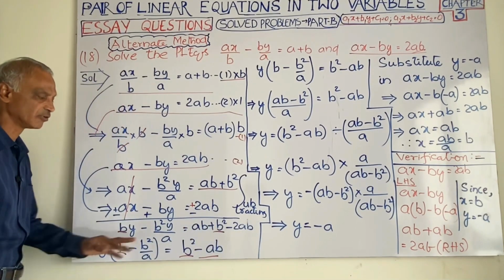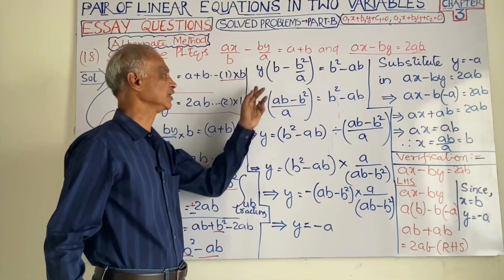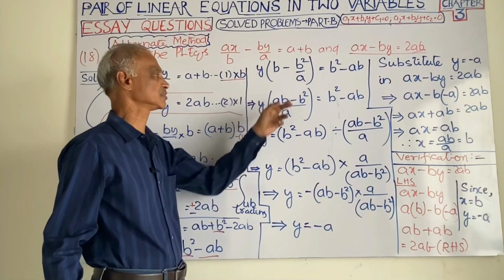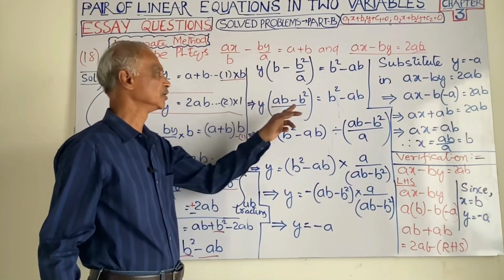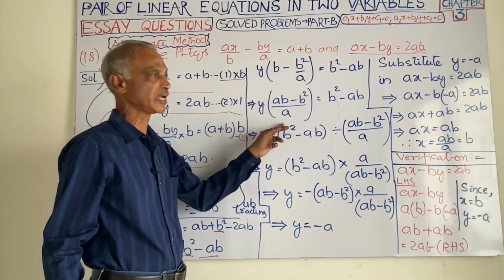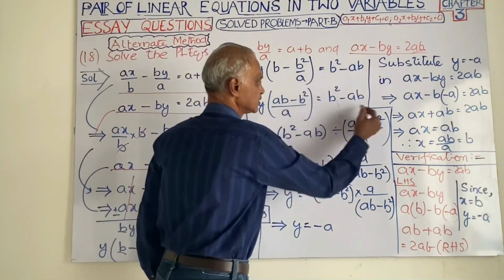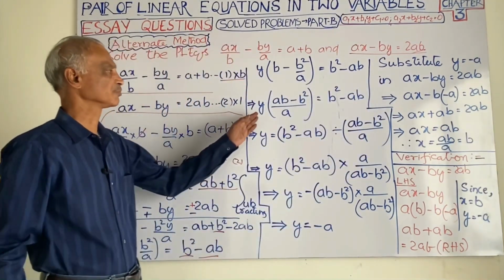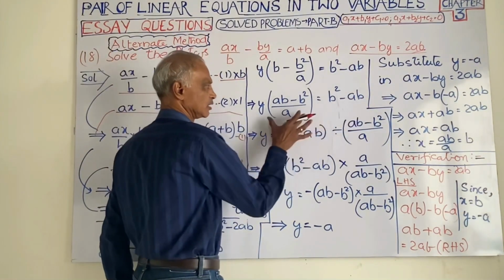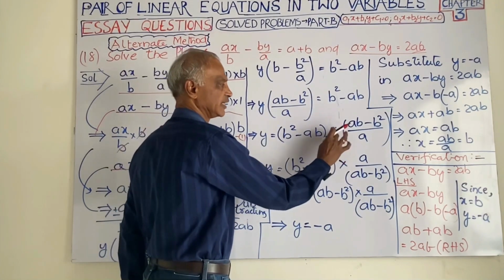You got y into, taking LCM, a is the LCM, (ab plus b square) by a is equal to b square minus ab. Now y is equal to b square minus ab, and the a that is multiplying comes and divides.